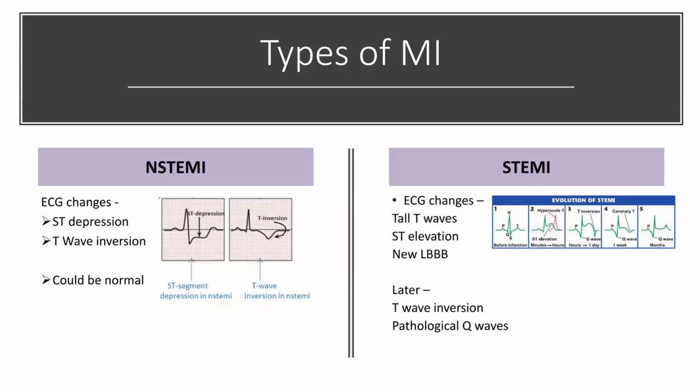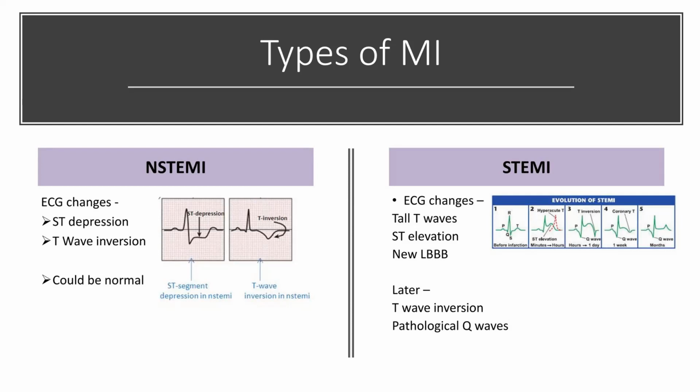So now let us talk about myocardial infarction. We all know what it is, but I just want to touch on the two types of MI. And those two types of MI are called STEMI and non-STEMI. So which is worse, you might ask? Well, the bottom line is that both are just as bad.